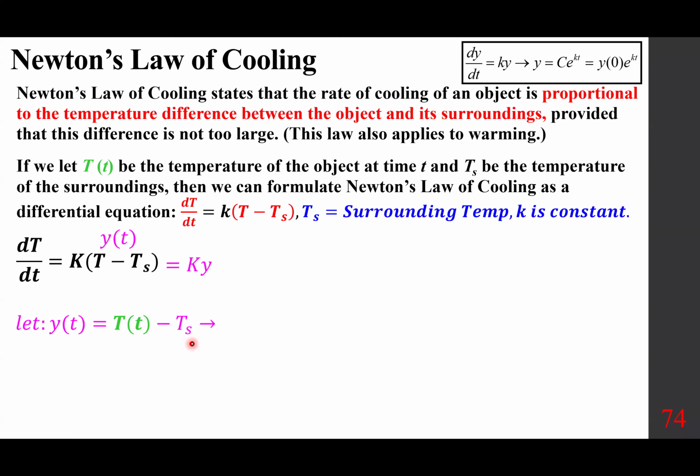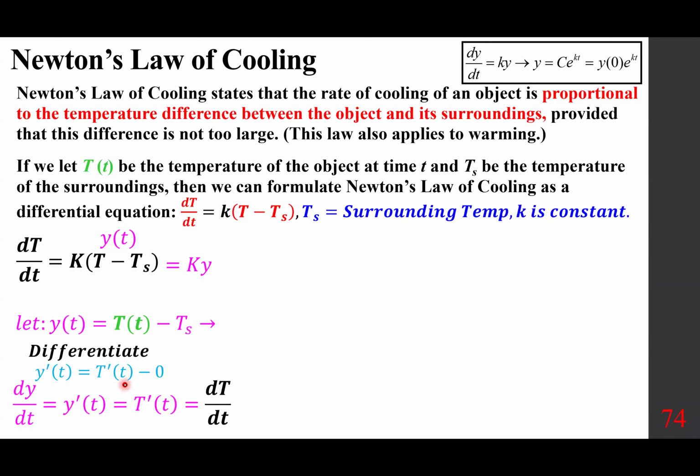This T sub S is a number. Let's differentiate with respect to time. This becomes y prime, this becomes T prime, this becomes 0 because it's a number, everybody. T sub S is the surrounding temperature, some number. Therefore, y prime or dy/dt, and T prime or dT/dt are the same.